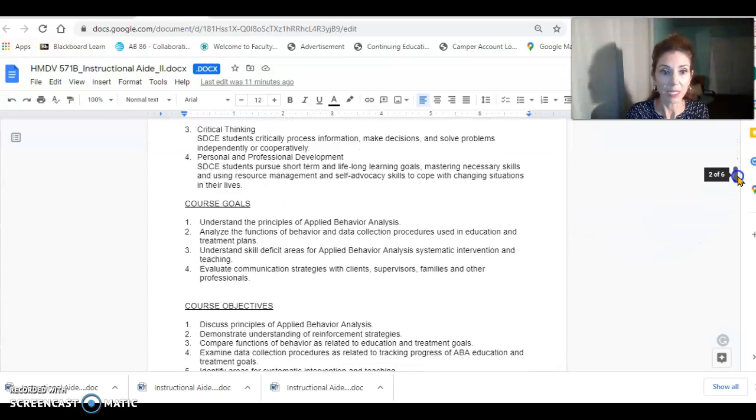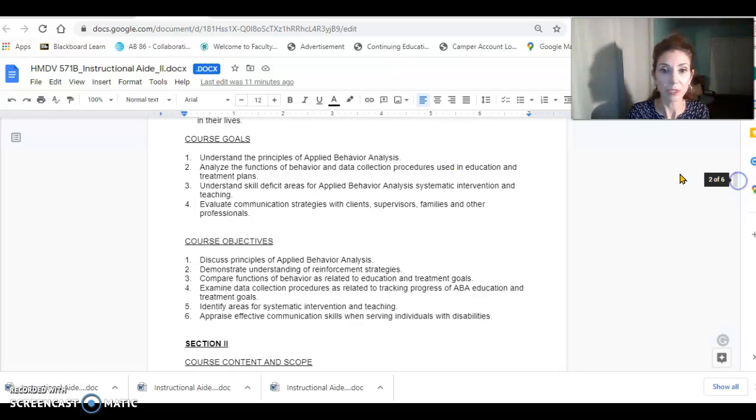All of that shouldn't be that new. I kind of reworded and did a little Bloom's help here. So discuss principles of applied behavioral analysis, demonstrate understanding of reinforcement strategies, examine data collection, identify areas of systematic intervention.